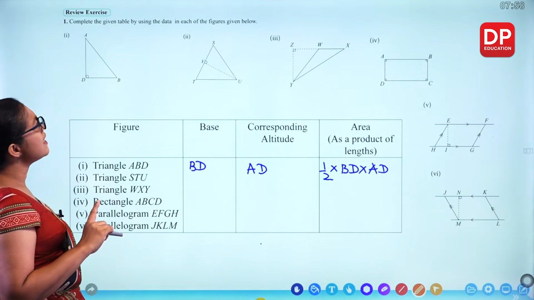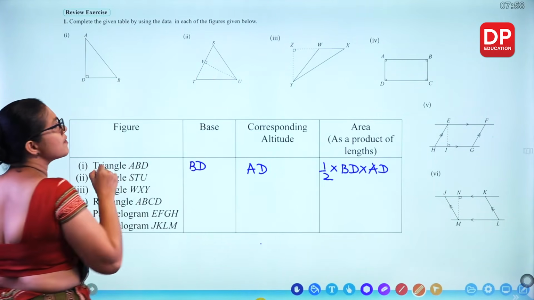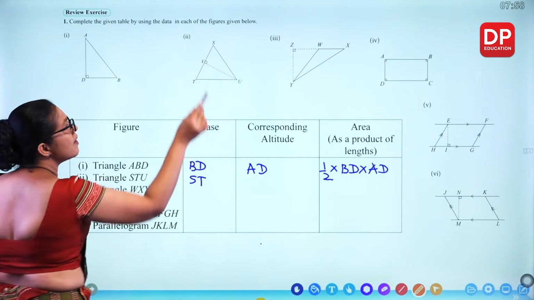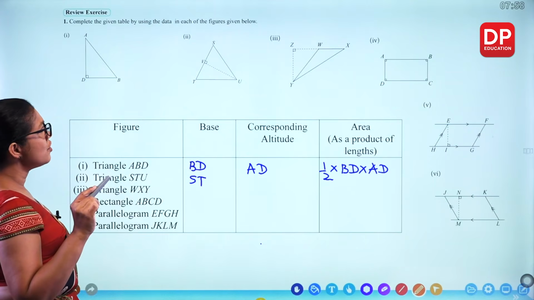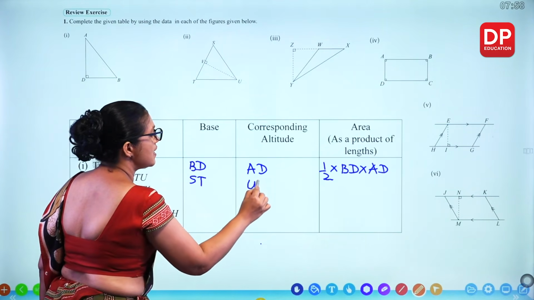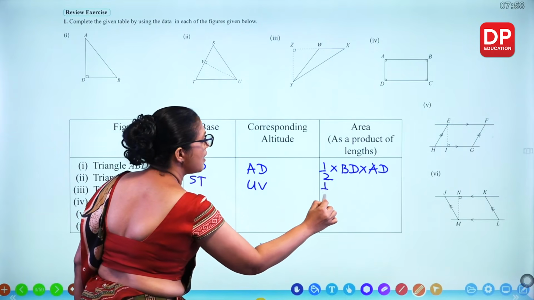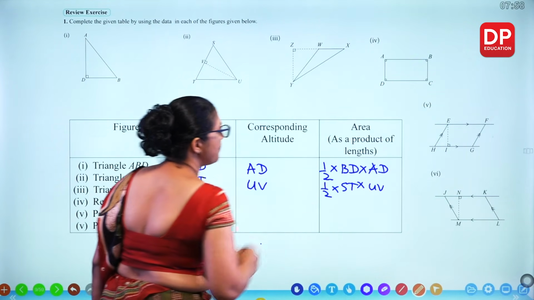Second one, STU. You can take only one base. What's the base there? ST, because this is the altitude given. What's the altitude? UV. How can we find out the area? Half times ST times UV.